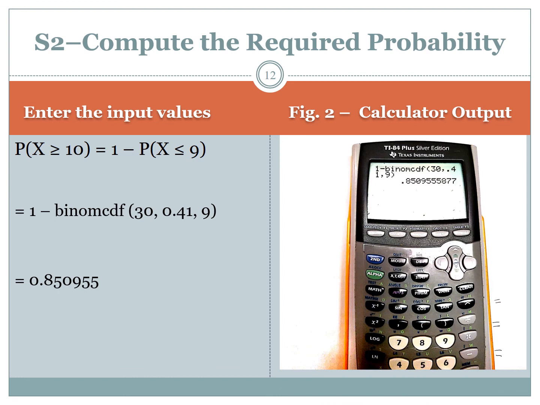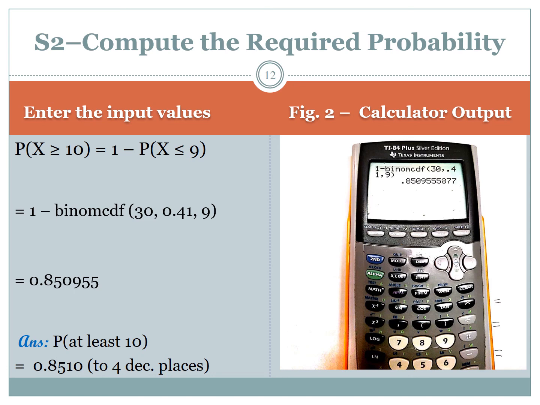You see I have the 1 minus on the right, 1 minus binomialCDF, and now I have to put in my values: 30, 0.41, and it's not 10, it's 9, because I made an adjustment so that I could use the binomialCDF function on the calculator.